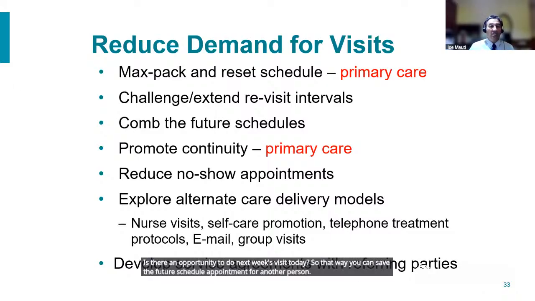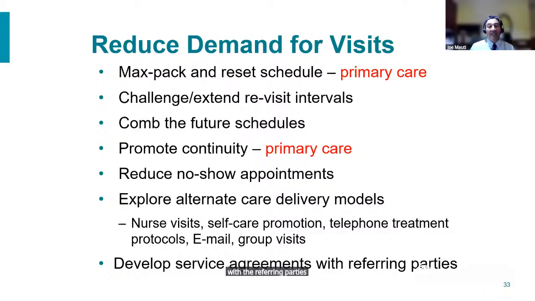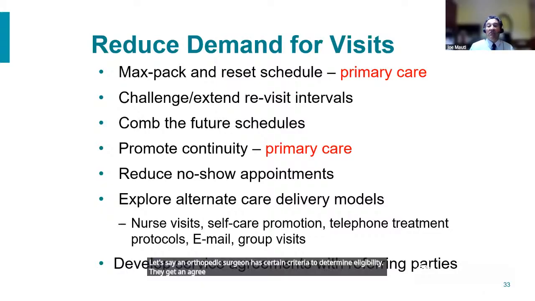The other item on this list that's important for specialty care is developing service agreements with the referring parties. What does this mean? So again, let's say an orthopedic surgeon has certain criteria to determine eligibility. They get an agreement with the family physicians who send the patients to them to say, listen, I need the following information in order to determine.